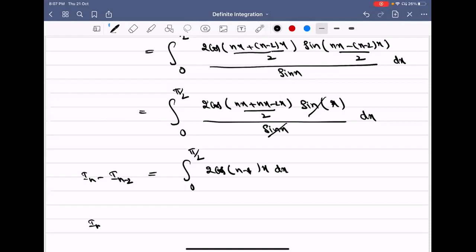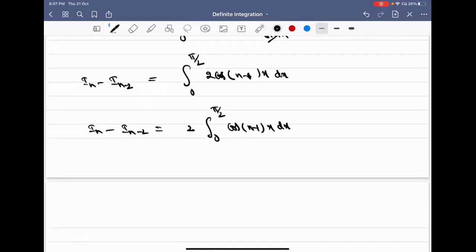So I_n minus I_(n-2) is equal to 2 times the integration of 0 to pi by 2 of cos (n minus 1)x dx.